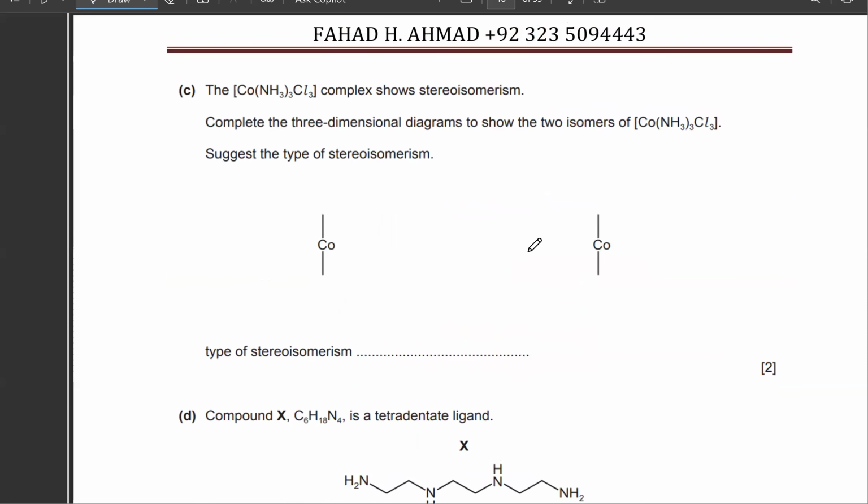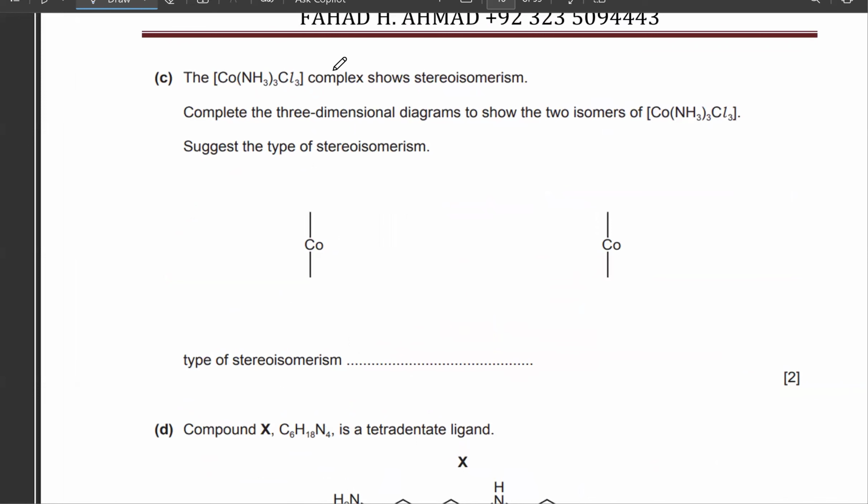Okay, then you have, he's asking you to draw the two isomers. So this type of stereoisomerism. Well, it's NH3 and Cl3 as well. So that's the same thing.